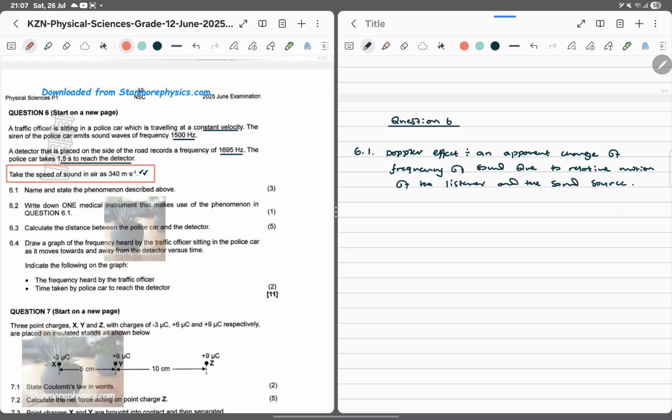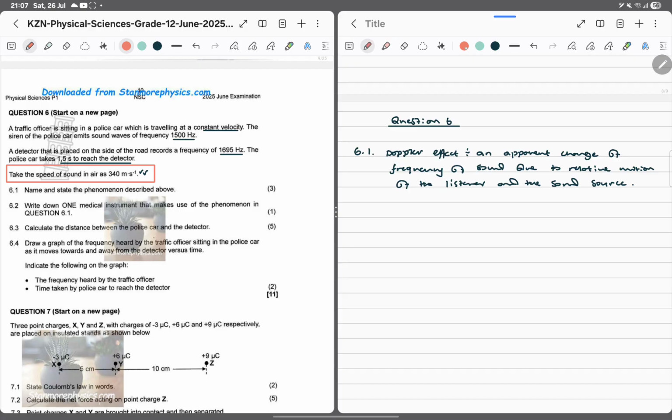Or you can say as observed by the listener. It's an apparent change of frequency of sound as observed by the listener due to the relative motion of the listener and the source.